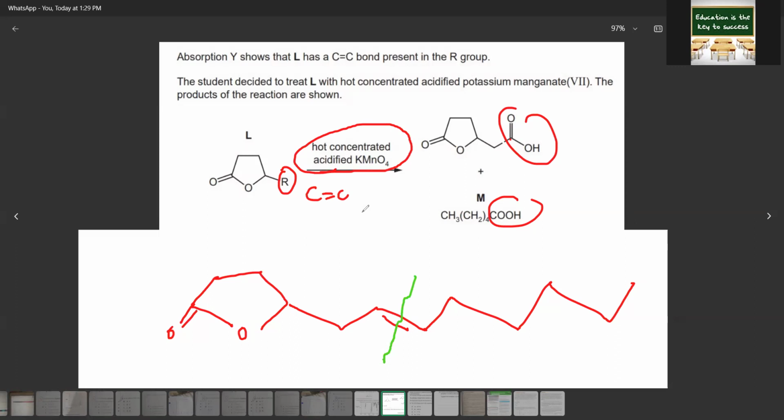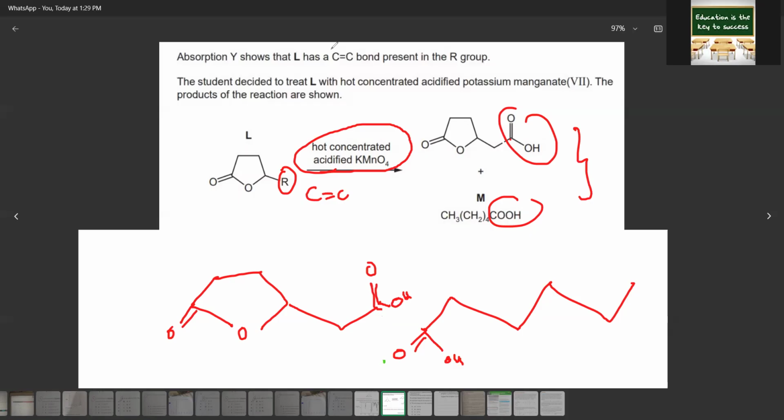And when this double bond breaks, this will have C double bonded with O, and this will also have C double bonded with O. But because this is an aldehyde and we still have acidified KMnO4, this aldehyde will further oxidize to a carboxylic acid. This will also turn into a carboxylic acid. That's how the two products are formed by the oxidation of compound L.